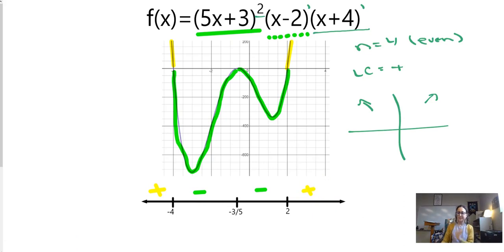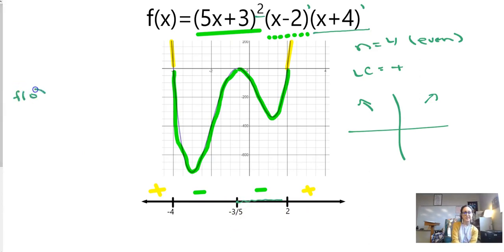If you're feeling a bit shaky about how to use the end behavior and the multiplicity to get your sign chart, you can always just literally test an x value in an interval. So if I want to take a look at this interval here and figure out the sign there, pick any x value. A convenient one would be 0, right? 0 is between -3/5 and 2.